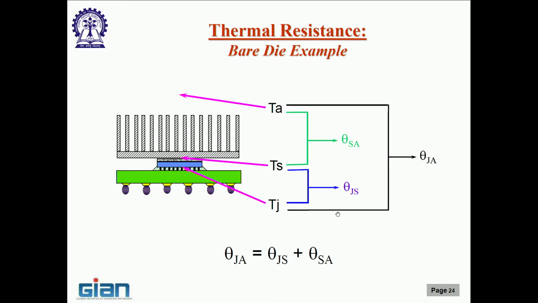Let us look at the nomenclature: Tj, the junction, Ts, the heat sink base, and Ta, the ambient. So, the thermal resistance network has two components, theta junction to sink and sink to ambient. Sink to ambient will be controlled by what kind of convection, natural or forced, if forced whether it is liquid or air, what is the geometry of the heat sink, and so on and so forth. The theta junction to sink actually takes care of the TIM.